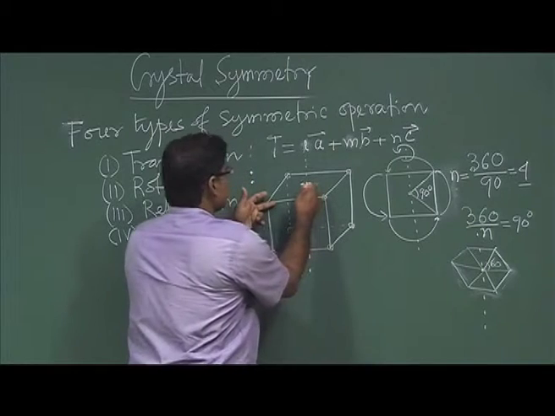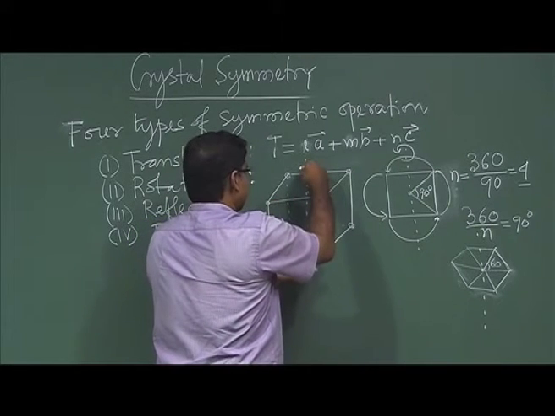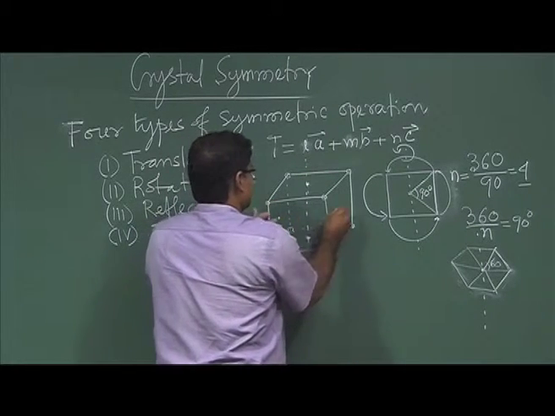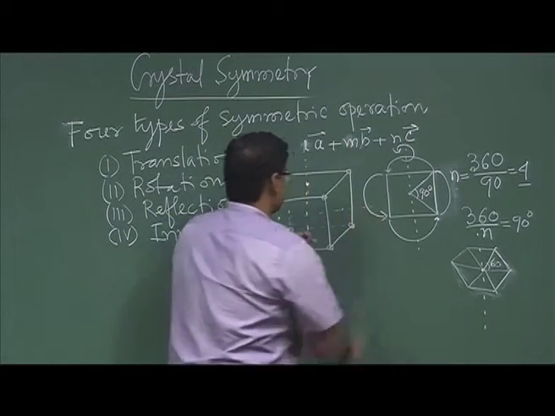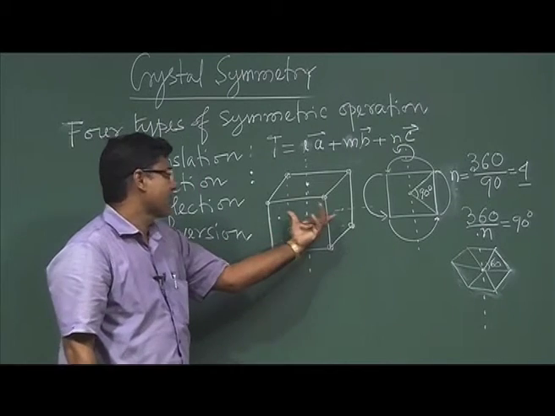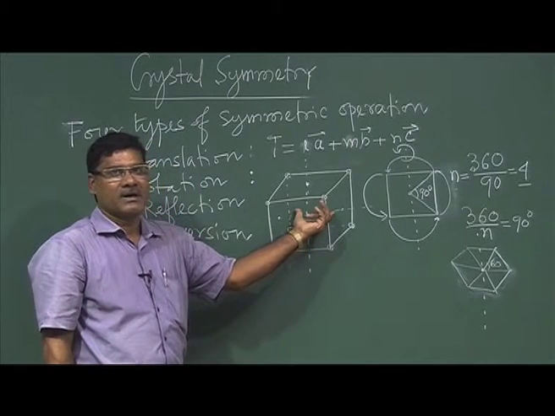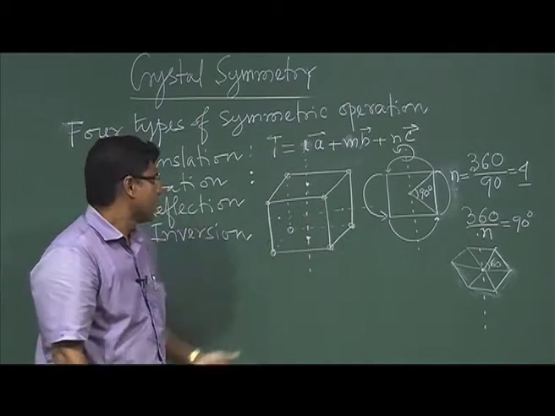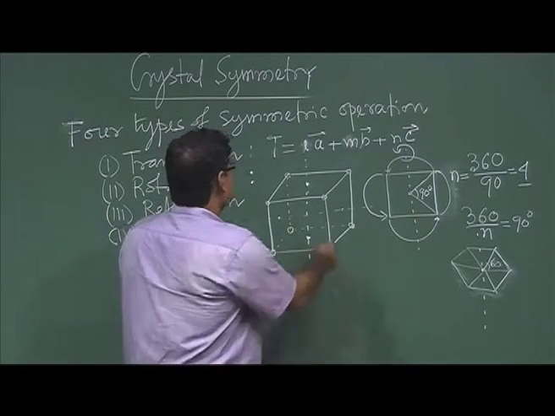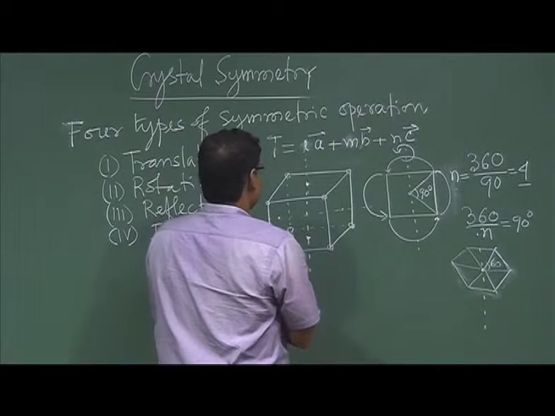Obviously you can see, through these two surfaces, and another two surfaces, if I take the axis, that will also be a fourfold axis of rotation. Similarly, you have the other two faces.